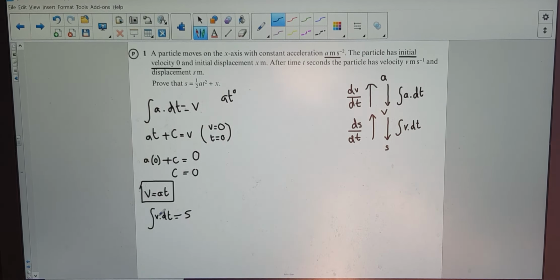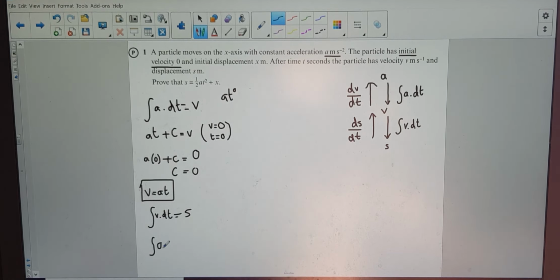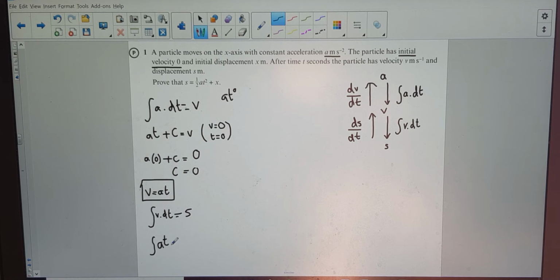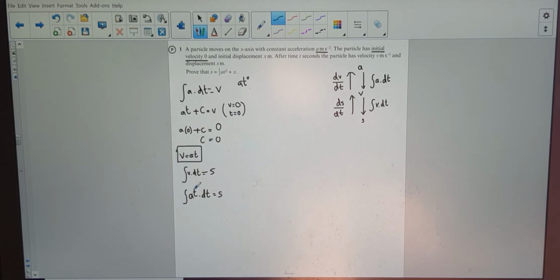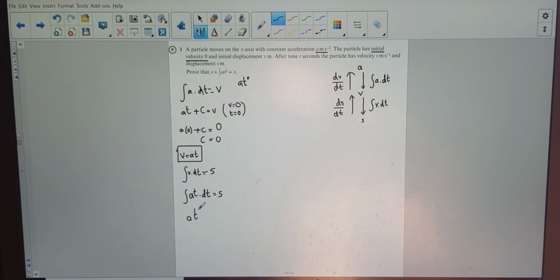So if I integrate my expression for v, which is at, with respect to time, it is going to give me my displacement. So increase my indice by 1, so that's t to the power of 1 already, so increase that by 1, it's going to be at squared divided by 2, divided by the new indice, always adding my new constant of integration, is equal to s.